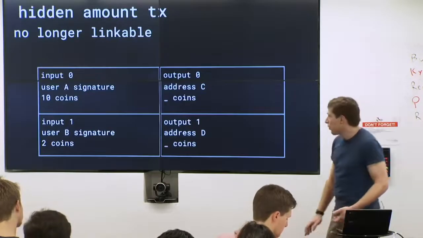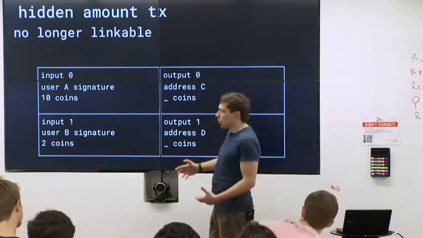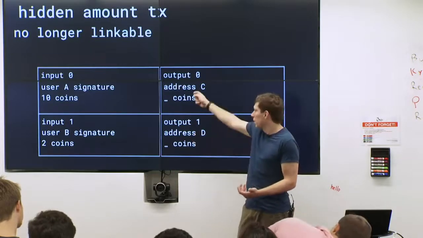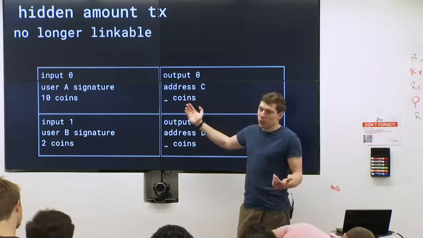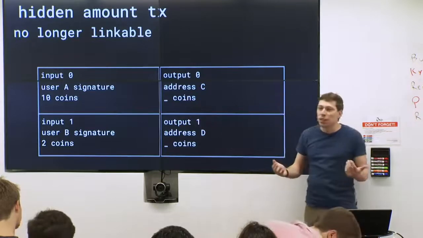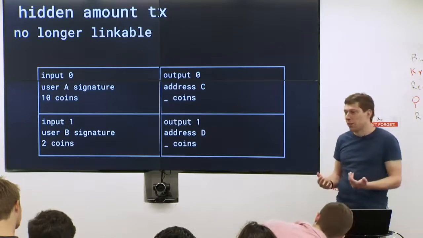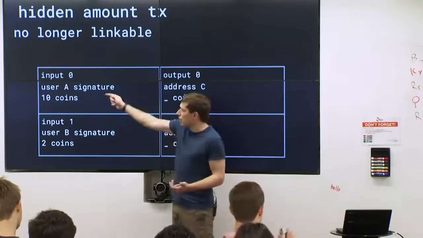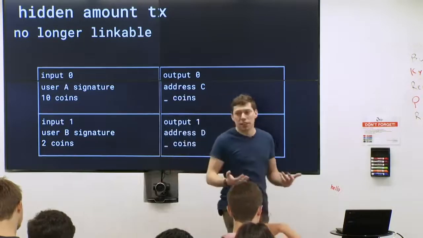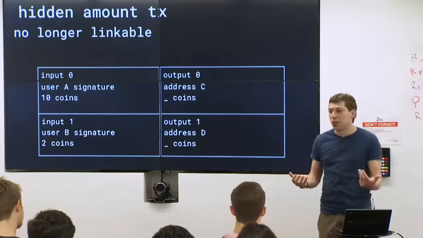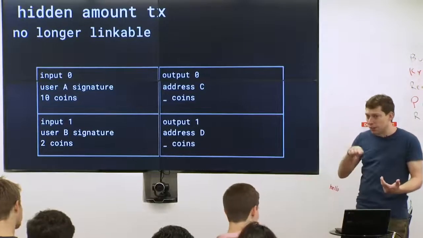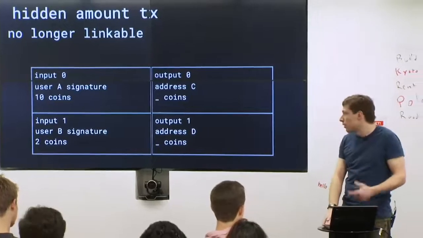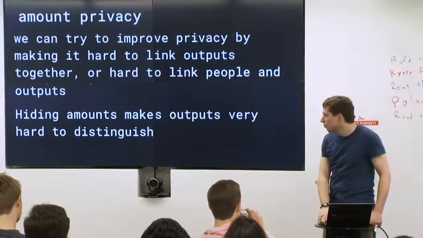If you don't know the amounts, they become sort of completely uniform, where this is just a completely random address. I have no idea how many coins there are. I have very little way to distinguish between these outputs. I can sort of try to trace the graph and say, okay, this came from here, this came from here, but they all look the same. So I've just got this big graph with no real information other than the links between the nodes, which is still information, right? But it's much harder to tell what's going on.